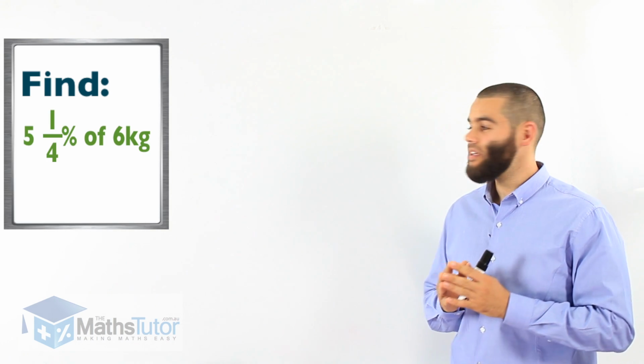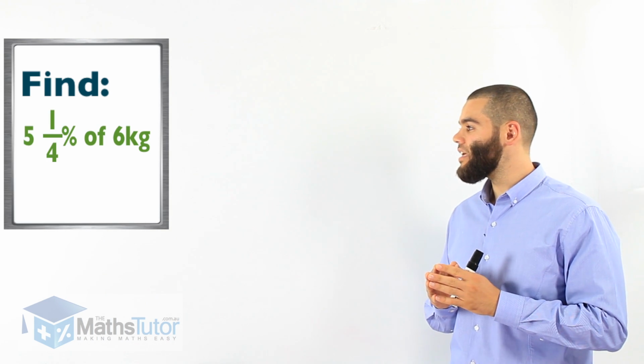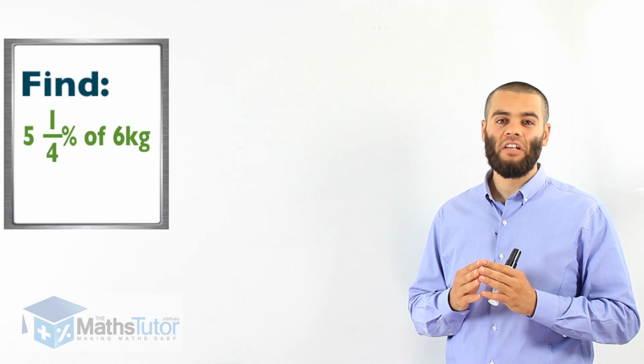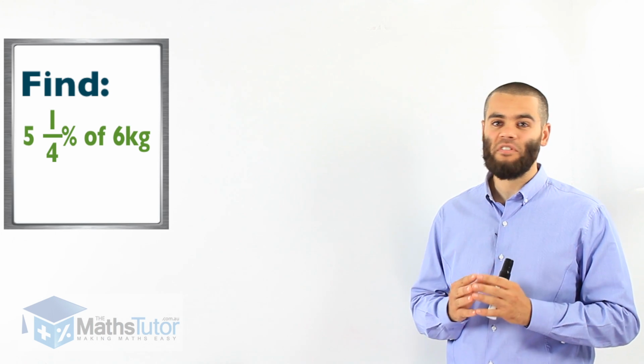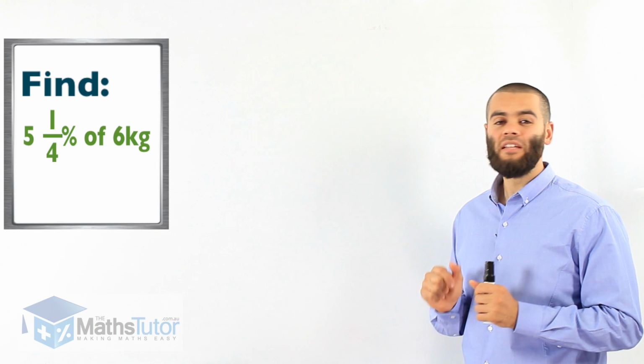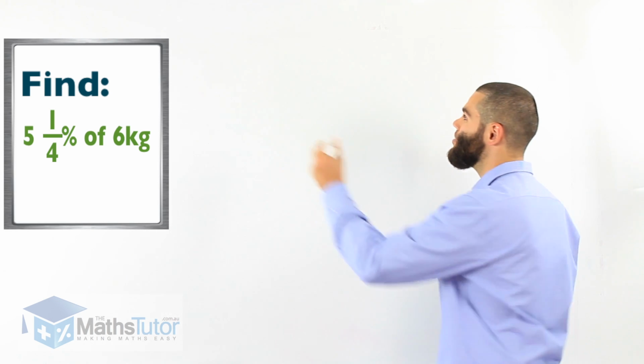One more example. It says 5.25% of 6 kilograms. Of means times. So 5.25% times 6 kilograms.